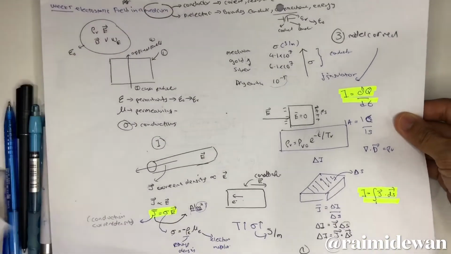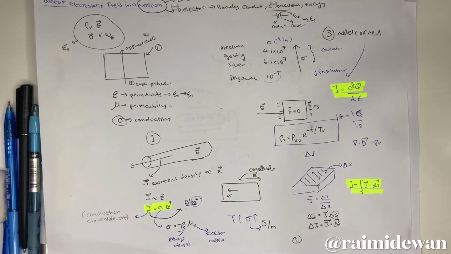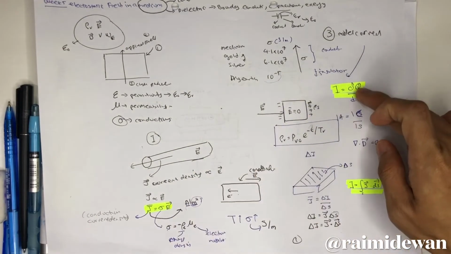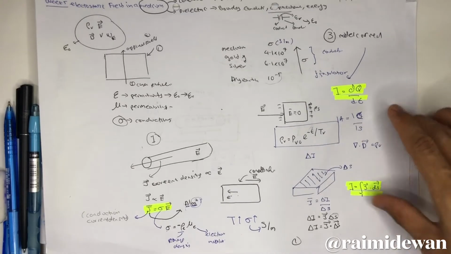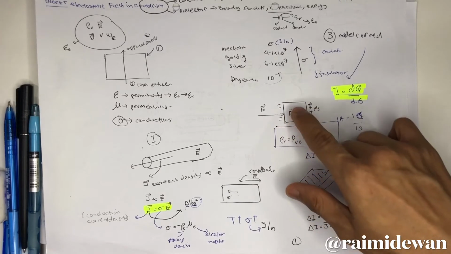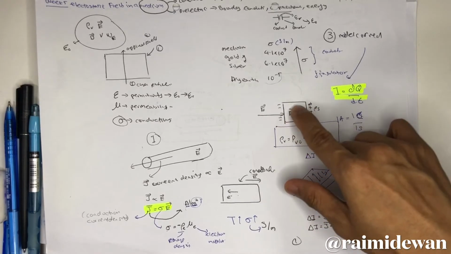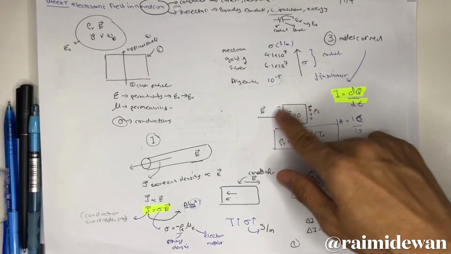So okay, now we are still in week 5, which is about the electrostatic field in a medium. Previously we have covered conduction current density, I = dQ/dt, I = ∫J·dS, and in static condition the electric field inside is 0, and you have the rho v changed to rho s, okay.